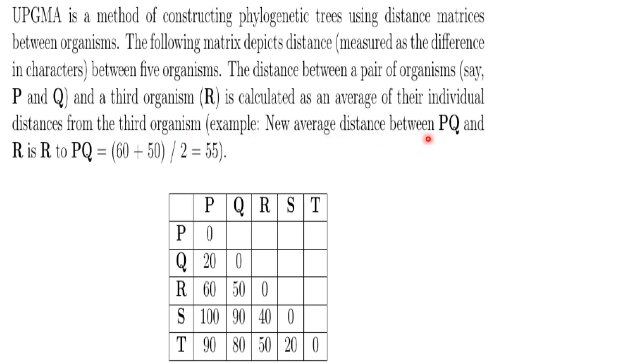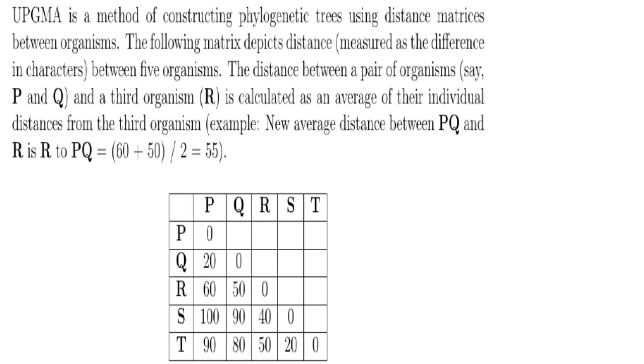Example, the new average distance between PQ and R is R to PQ. So P will be 60, then Q will be 50, divided by 2, so it will be 55.